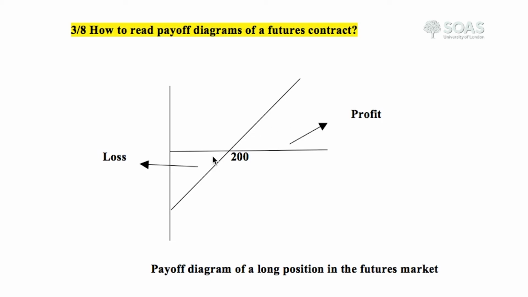So any price higher than 200 indicates a profit for an investor who bought a futures contract. Otherwise, if the market price moves downward below 200, then the investor has made some losses.